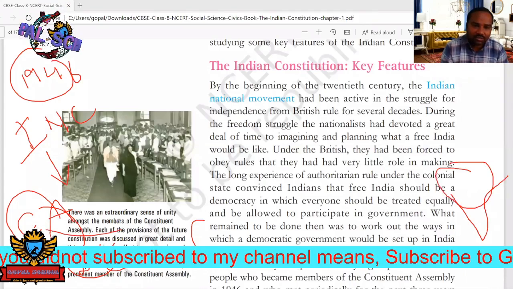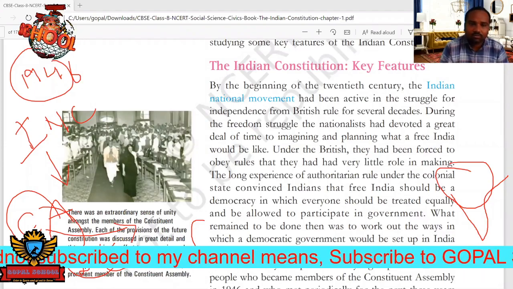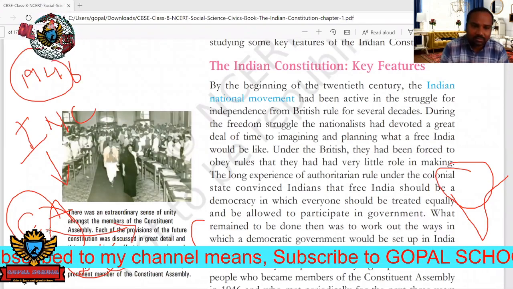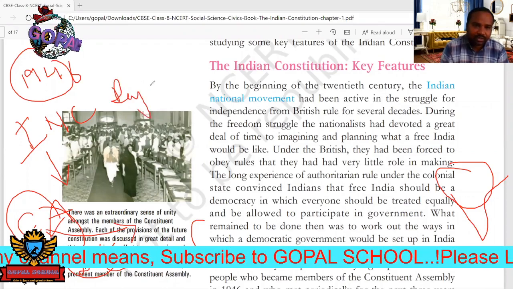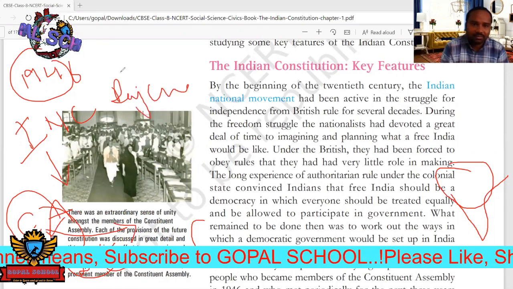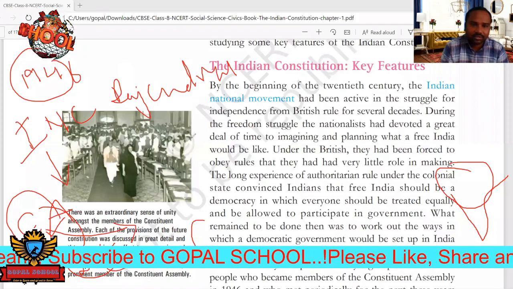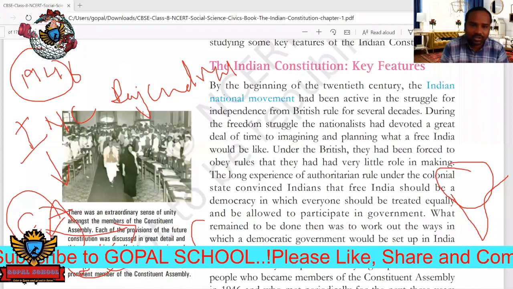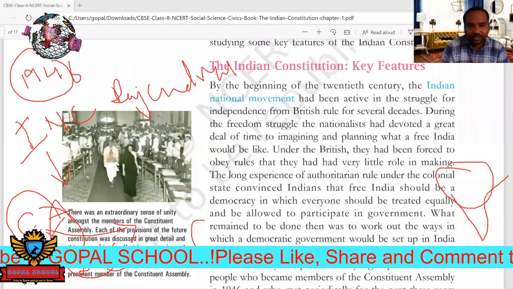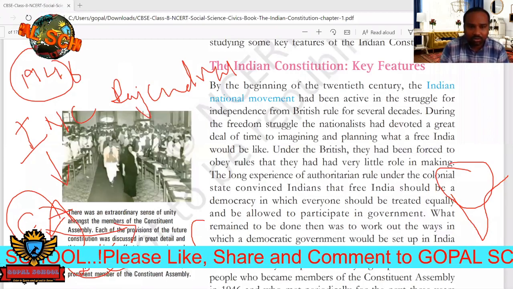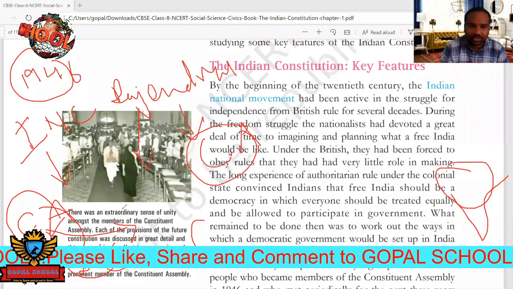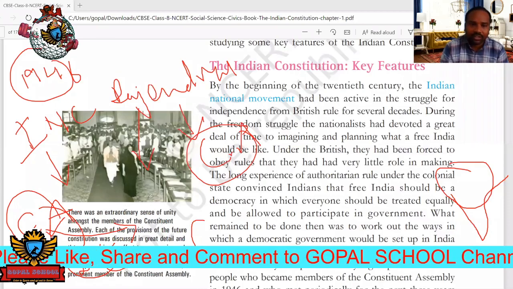And within this Constituent Assembly, one more group was formed. The president of this Constituent Assembly is Dr. Rajendra Prasad. Next, Rajendra Prasad appointed one more committee, a separate group for drafting.